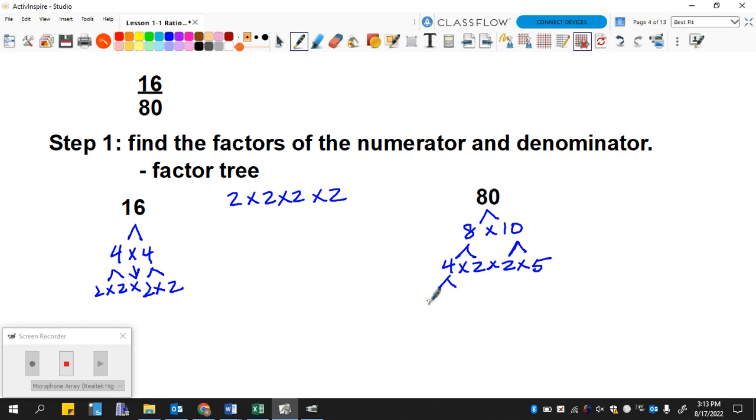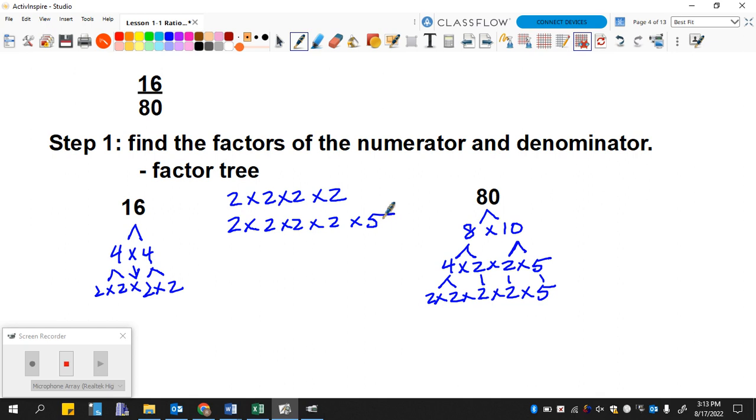So it's 2 times 2 times 2 times 2 times 5. I just brought these straight down. Okay. So the factors of 80 written as a factor tree in prime numbers is 2 times 2 times 2 times 2 times 5.